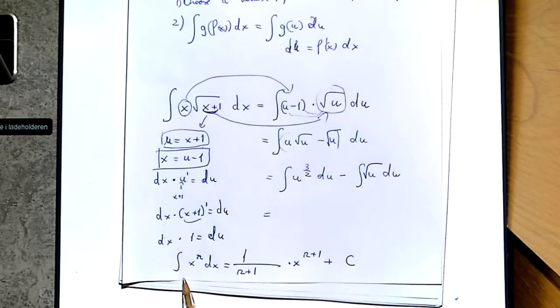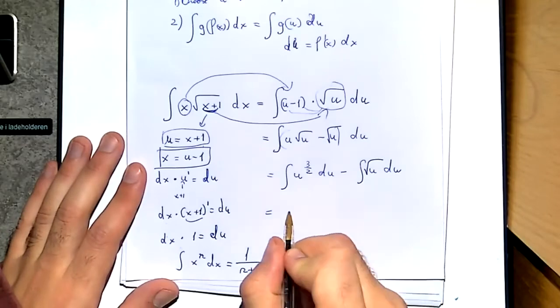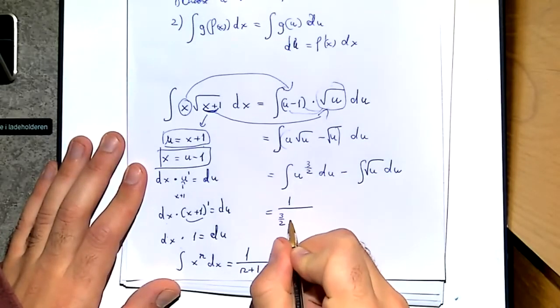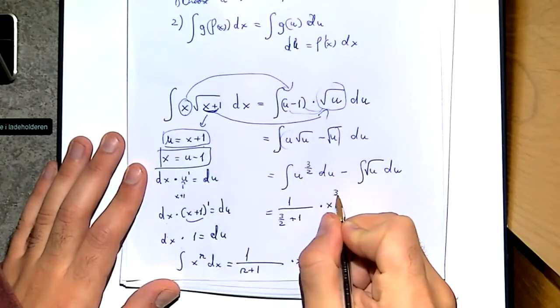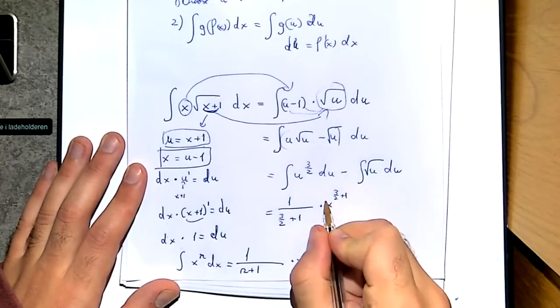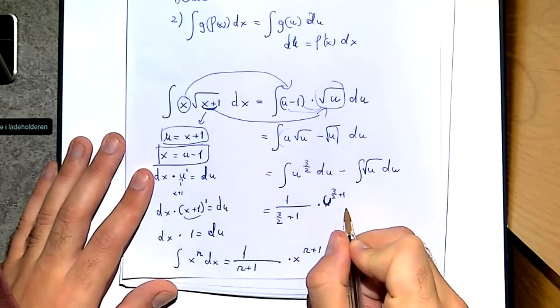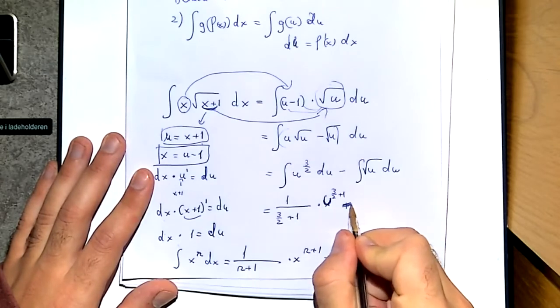When you take the derivative of the right side, you get the left side. So I just apply it here, and I get 1 over 3/2 plus 1, multiplied by u^(3/2+1). Oh, no, this is u, okay? Minus, it's a minus here, sorry about that.